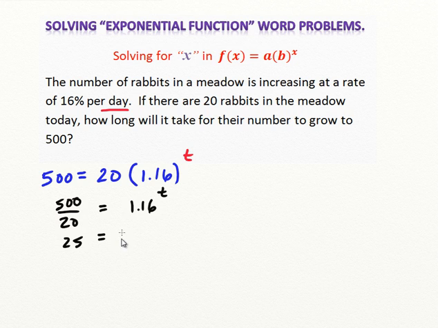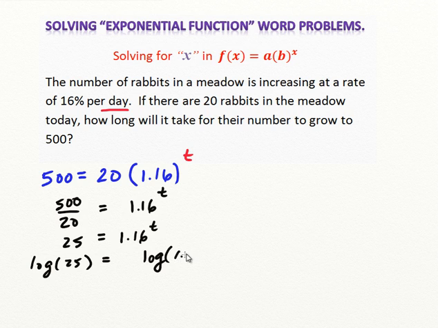So 25 is equal to 1.16 to the exponent t. Now, because this is in balance, because we have an equation with both sides equal, we can do the same thing to both sides as long as we're consistent. So I'm going to take the log of the left side, and I'm going to take the log of the right side.